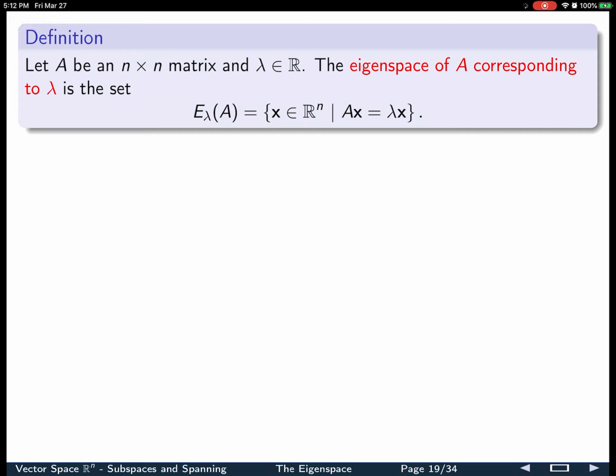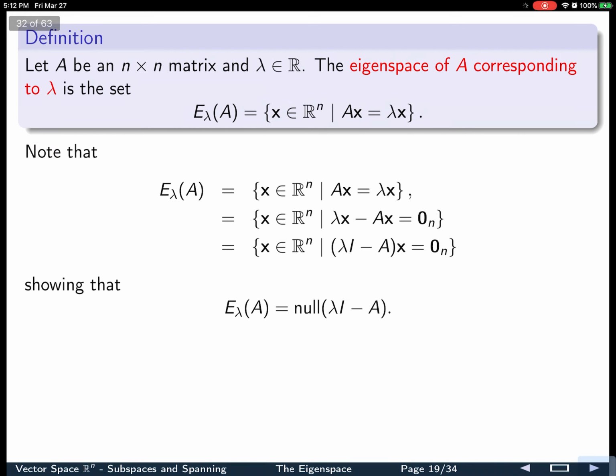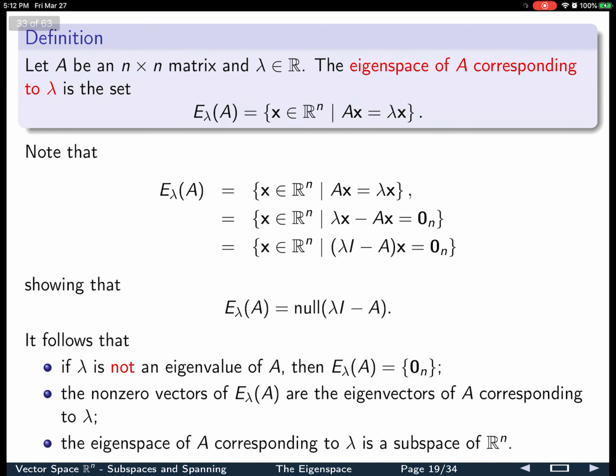Another type of subspace that exists are eigenspaces. I think I've used that language a little bit already, but basically, an eigenspace is made up of the span of all of the eigenvectors related to a specific eigenvalue.